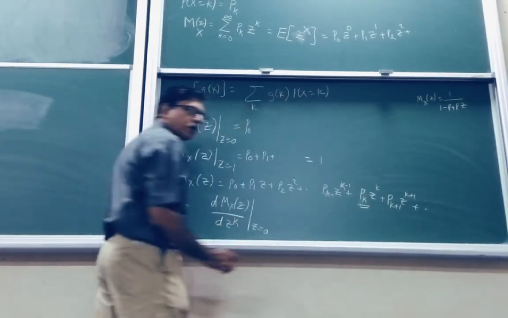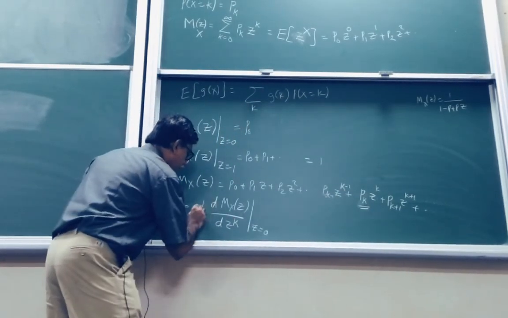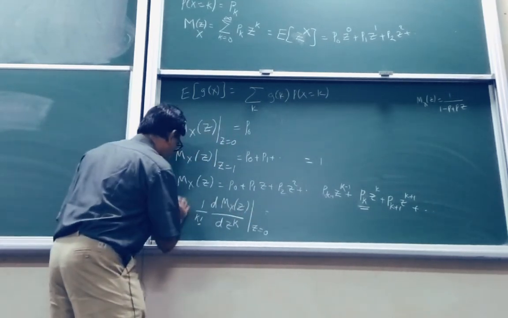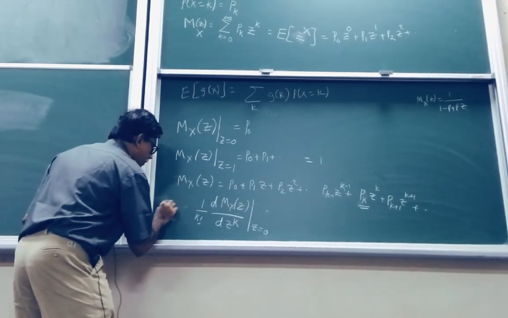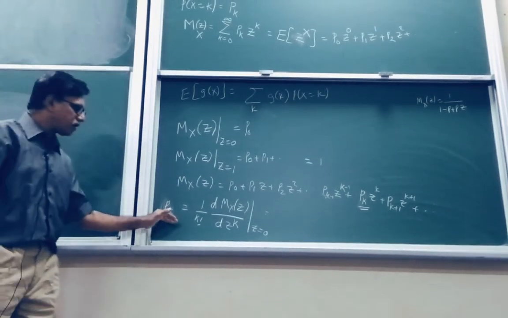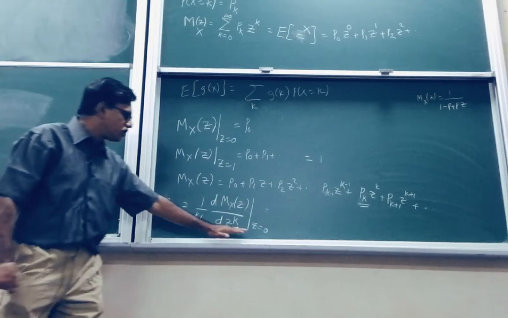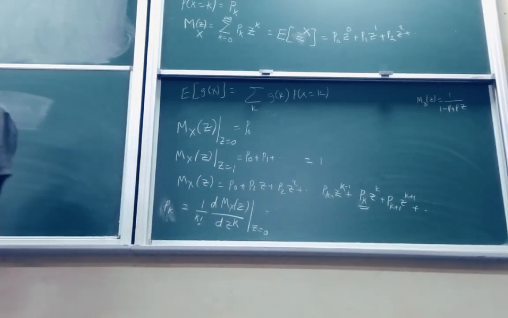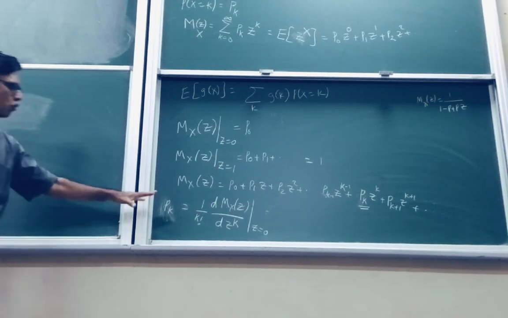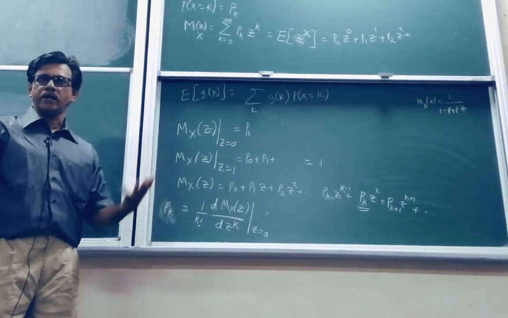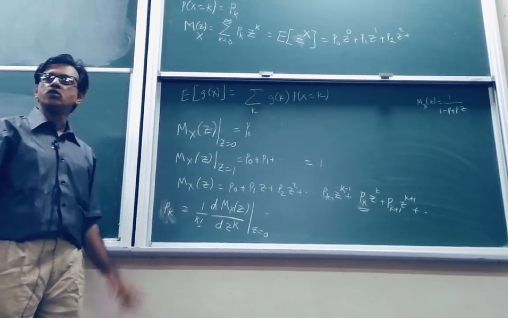This will be k factorial times pk, and this is pk. So to get any particular probability, you have to do this simple trick and you will get the probability. So that is why we call this the probability generating function, because it can be used to generate probability.